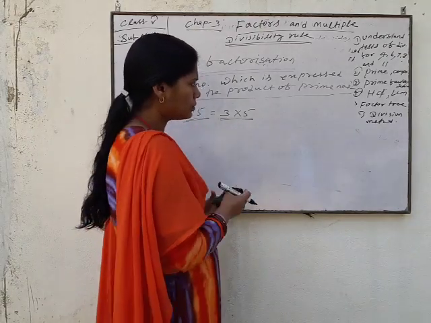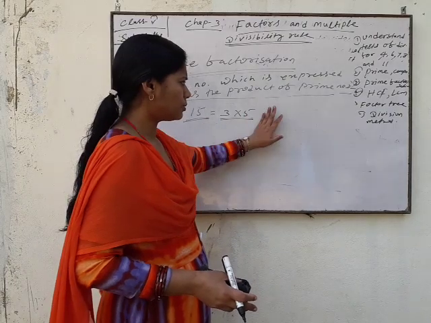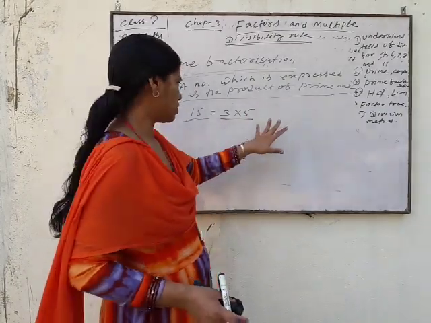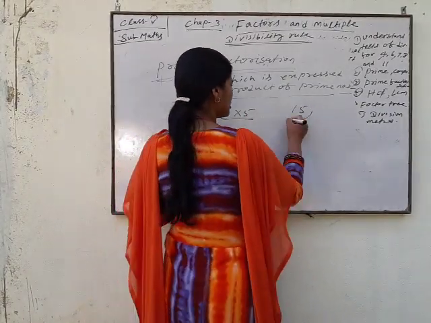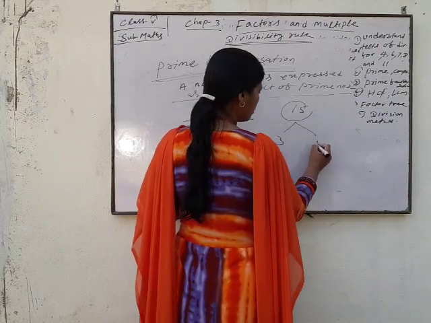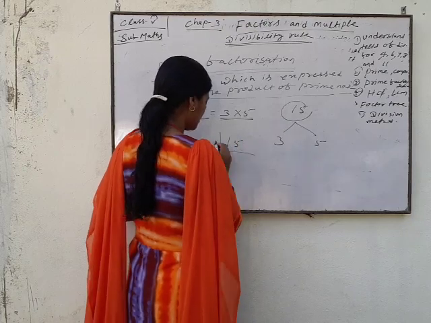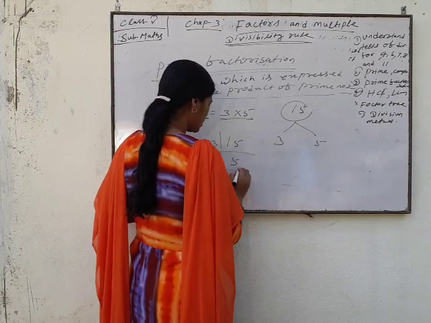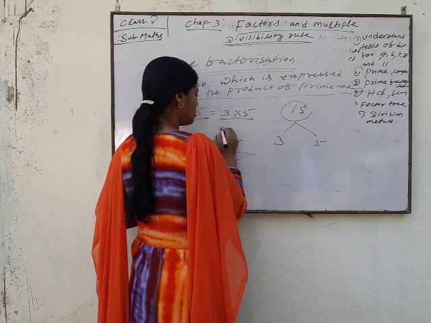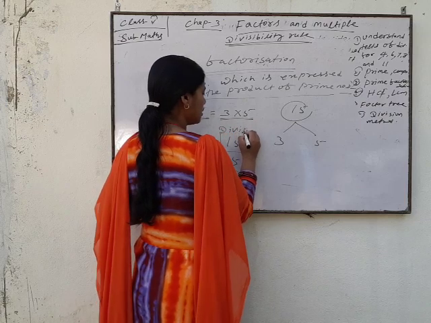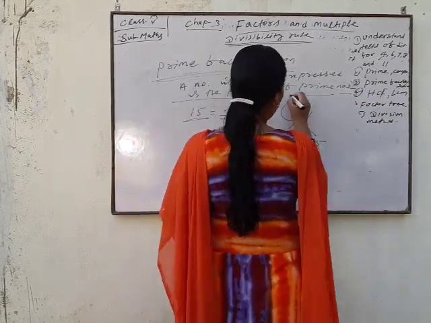So you have 2 methods. One is the factor tree method and second is the division method. The factor tree method means just like this, 3 into 5. And the division method means this is 5. This is the division method and this is the factor tree method.